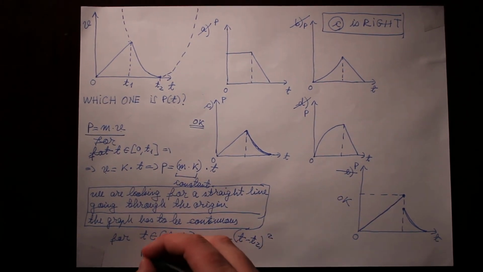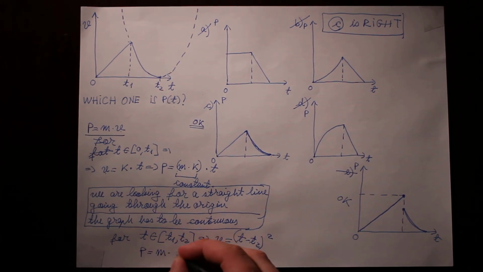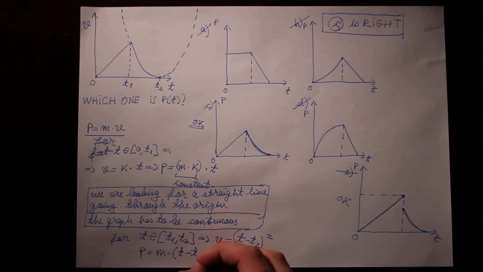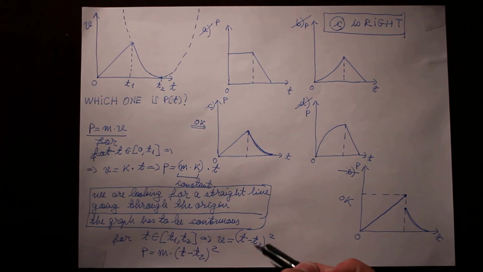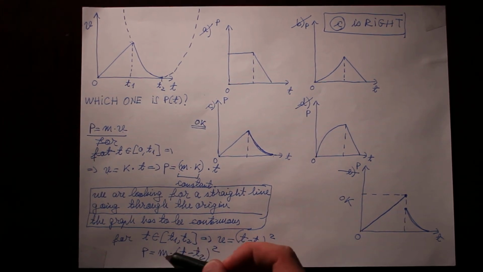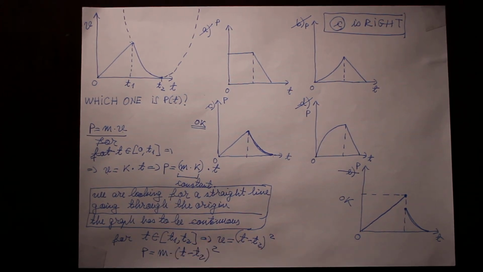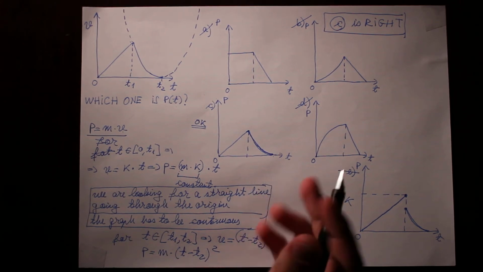And now p is m times t minus t sub 2 squared, which is just the parabola multiplied by m. Even though it's multiplied by m, because m is a scalar, it would look basically the same.